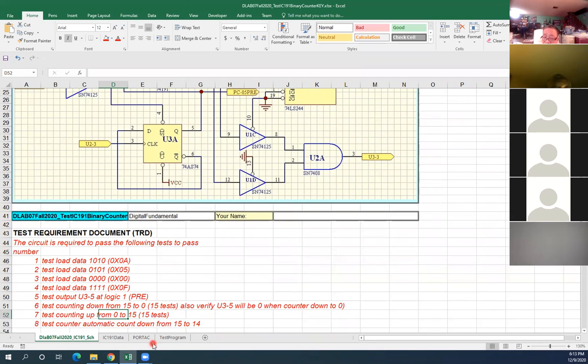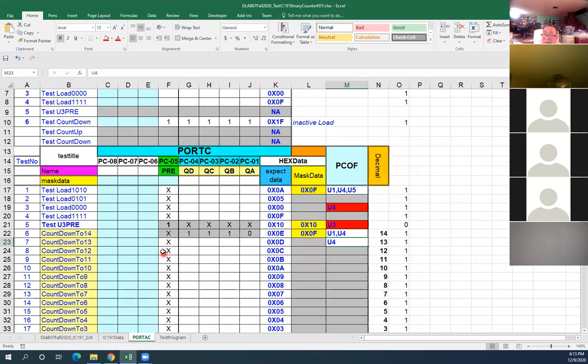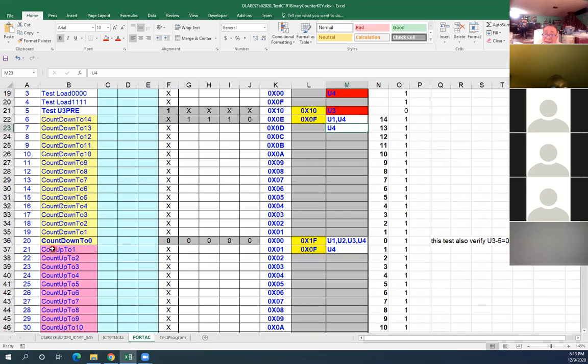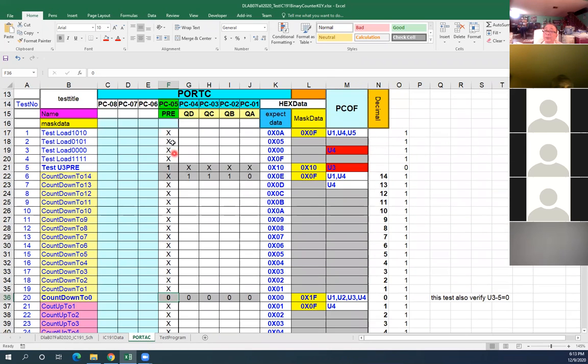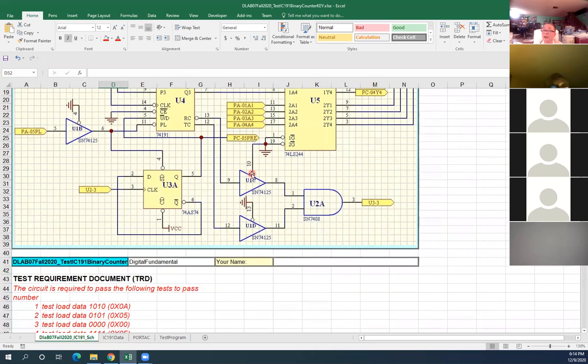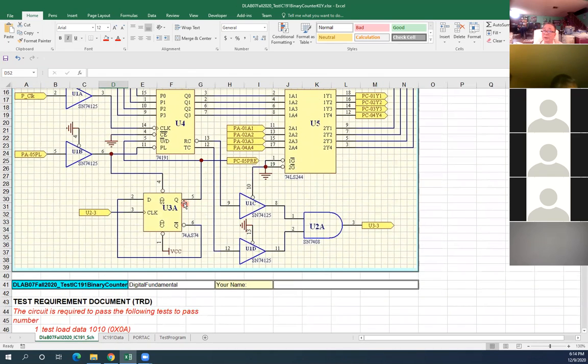After they count down, this line is supposed to be 0. I want to see on the port ABC here. Okay, they count down. You see that? Down, down, down. Okay, they count down to 0. This output here, the preset, now also you have to verify that to be 0. That means after you test for countdown to 0, this guy also you verify to be 0.